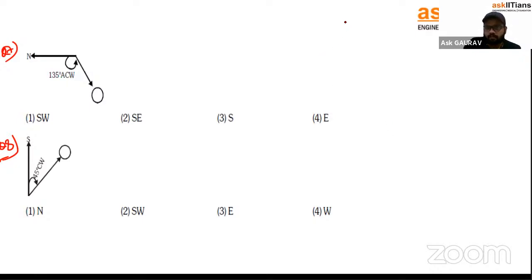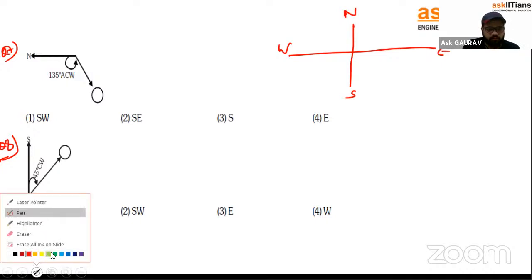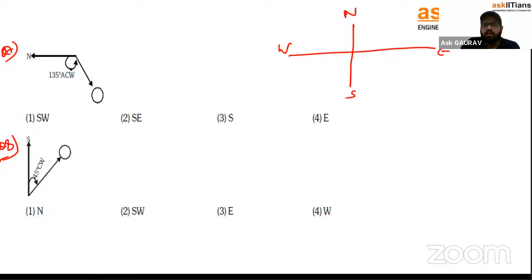Okay, see, that's the north, that's the south, that's the west, and that's the east. The question is saying move 135 degrees anti-clockwise, right? 135 is 90 plus 45 more.